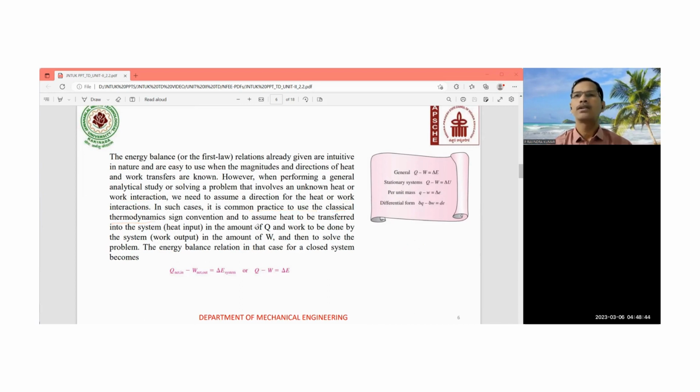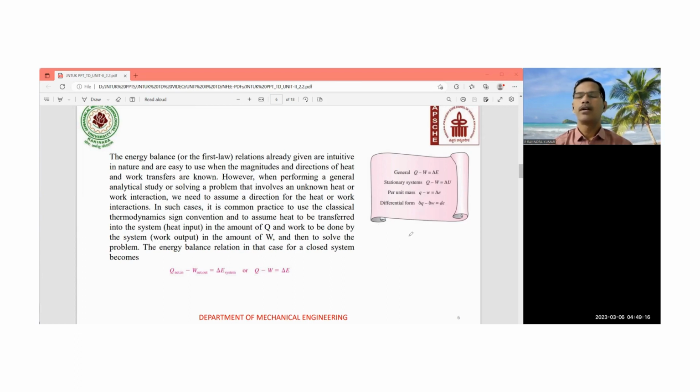So in the earlier class, that is in basic concepts, we have covered classical thermodynamics and statistical thermodynamics. Classical thermodynamics is applied with respect to the environment, that is a standard reference frame, whereas the microscopic studies are applied for high altitude applications.